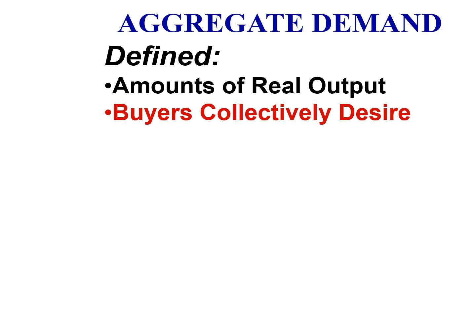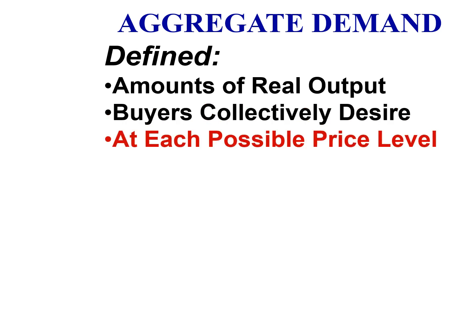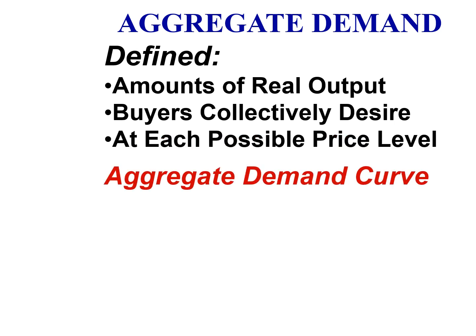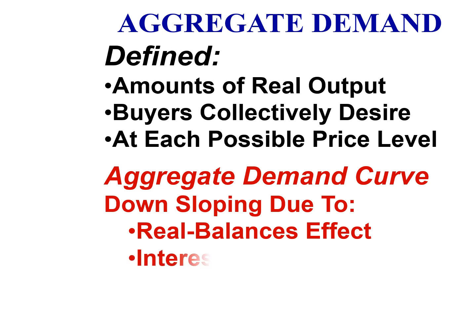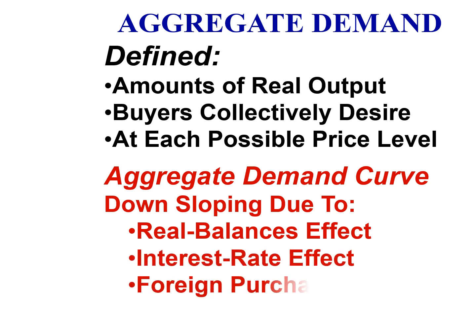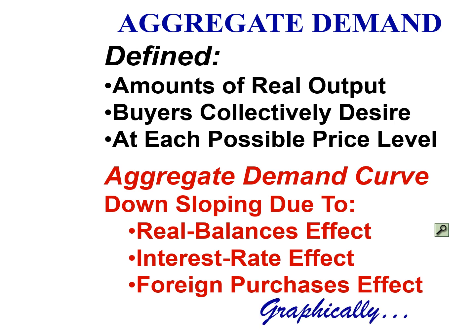Government spending, and the amount of exports purchased by citizens in other countries at the given price level. So aggregate demand is the amount of real output that all buyers collectively, C plus I plus G plus X, desire to purchase at each possible price level. So the aggregate demand curve is downward sloping because of what we call the real balances effect, the interest rate effect, and the foreign purchases effect.